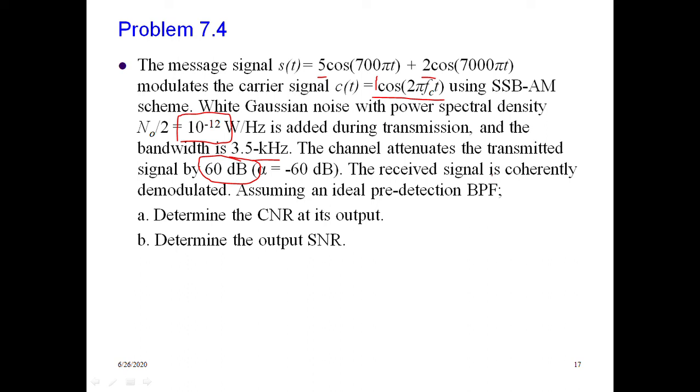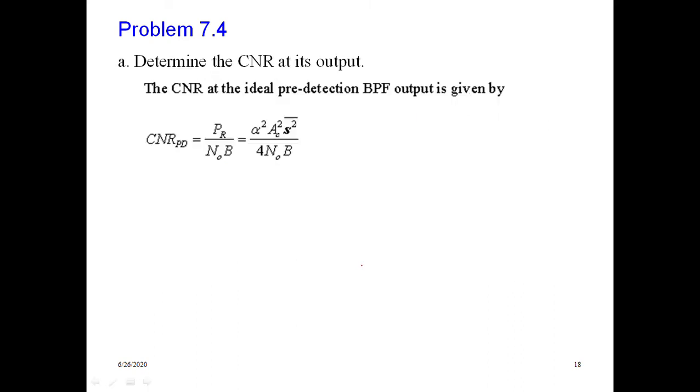The received signal is coherently demodulated, so we can measure the CNR and also SNR. To determine the CNR, we use the formula alpha squared AC squared S squared bar divided by 4 is the PR, and N naught B is the noise power.